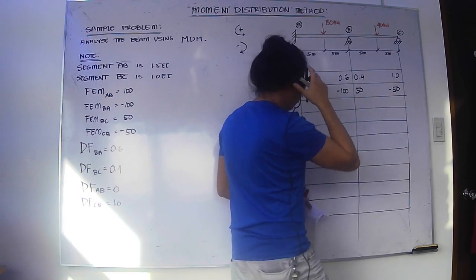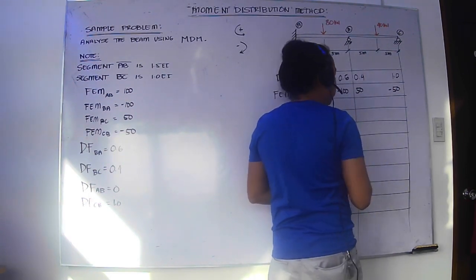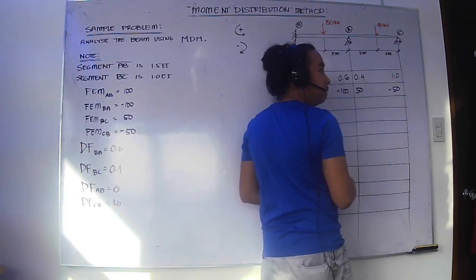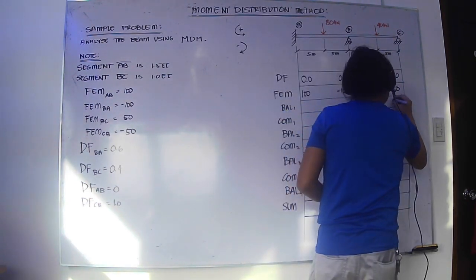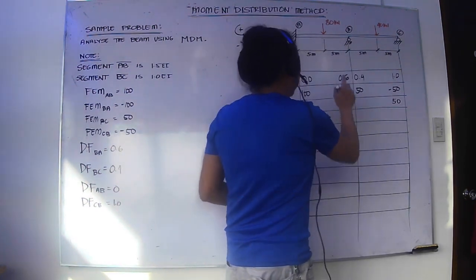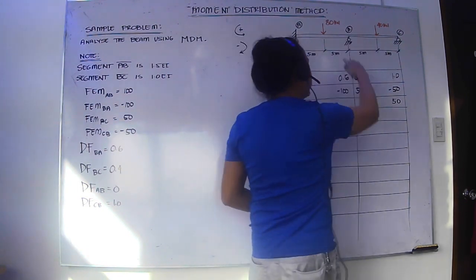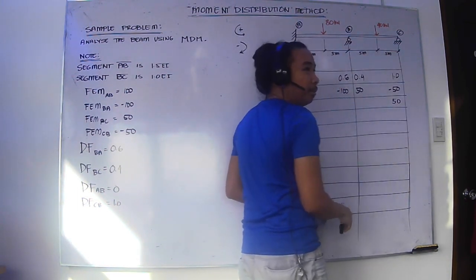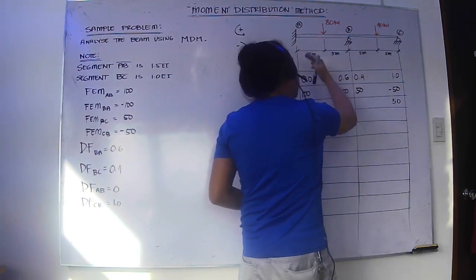Okay? So, for negative 50, we add positive 50, and multiply it by the distribution factor of 1.0. So, positive 50 times 1.0 is 50. In this case, for this entire joint, you have to consider the entire joint, the left and the right.